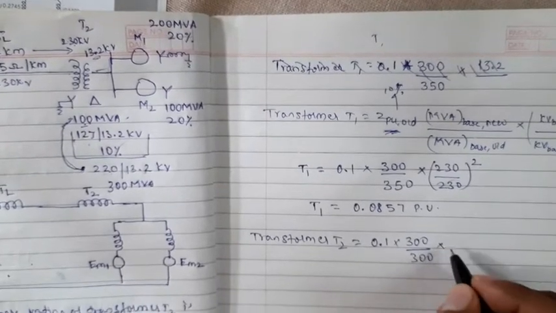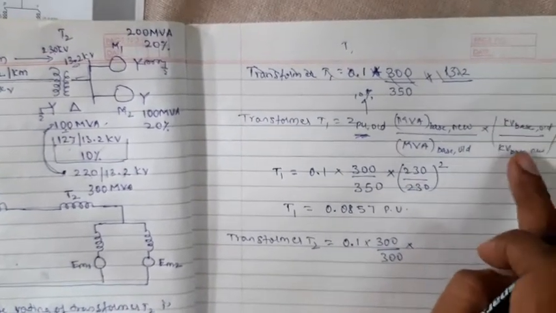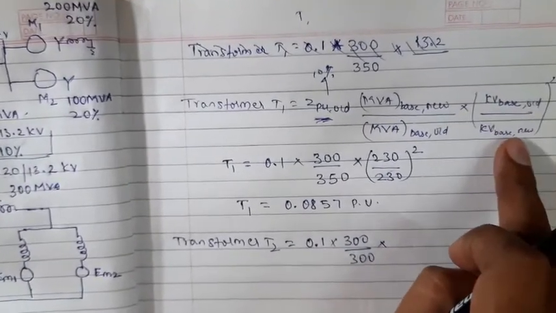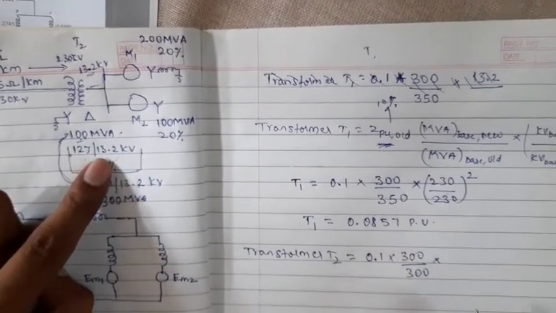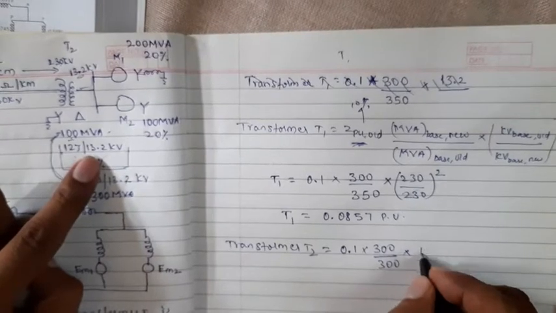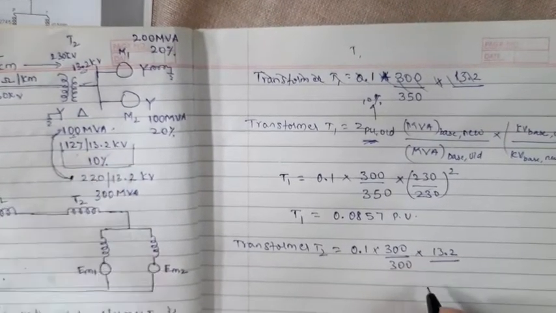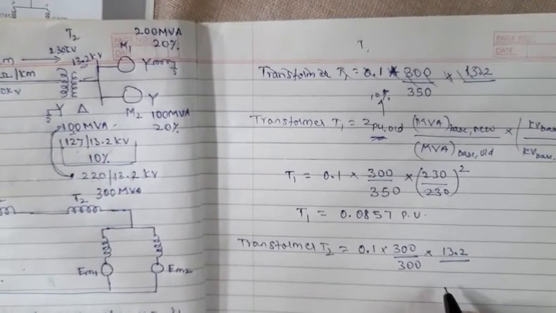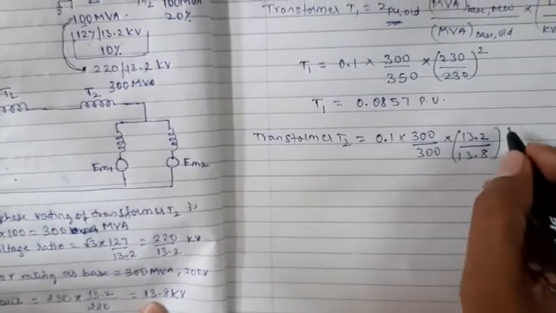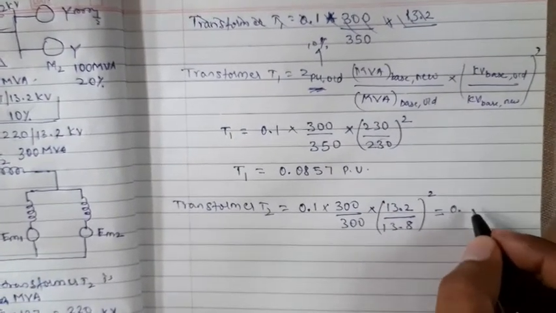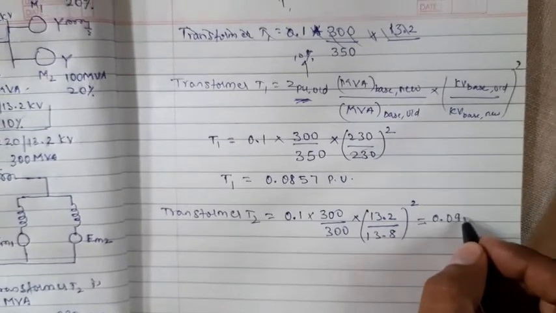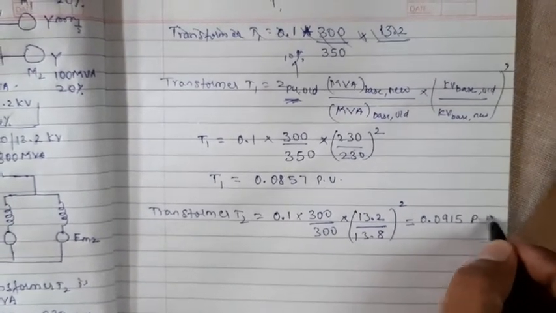Now what changes here is the base kV, old and new. The old value is 13.2 and the new value we have got is 13.8, and this becomes a square. That is how much we are getting? 0.0915 pu.